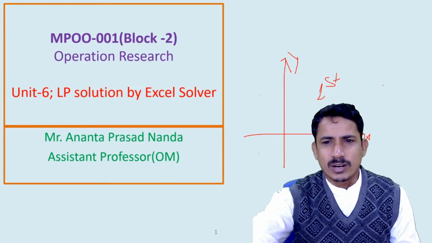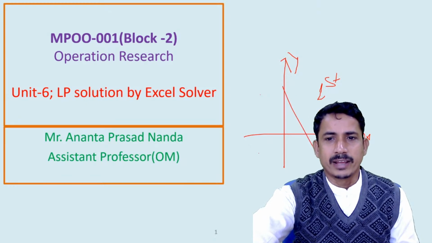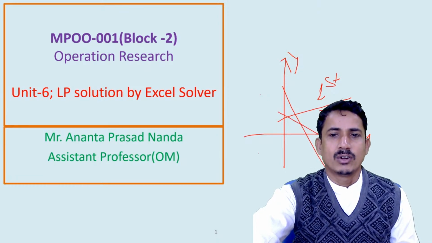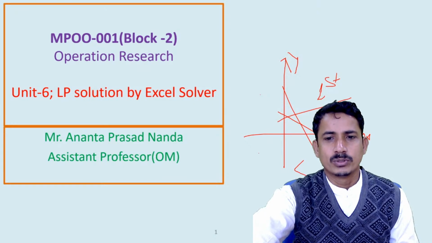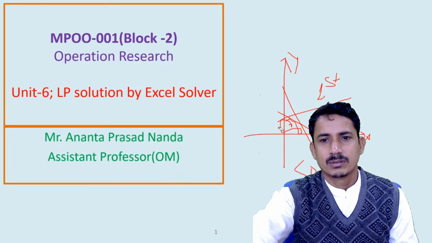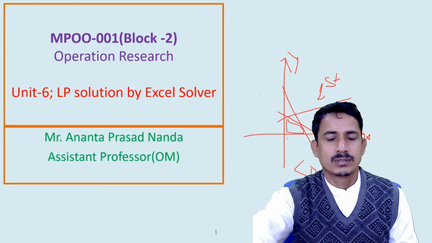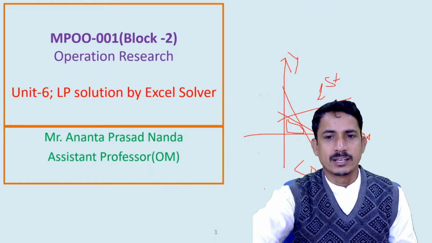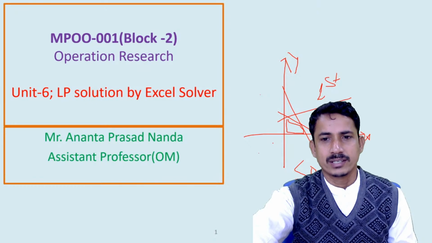Taking this in the first quadrant and solving it, we form some lines like this, and like this. If all the constraints are less than or equal to type, they approach towards the origin, and then you find this area is the required portion, the feasible region.